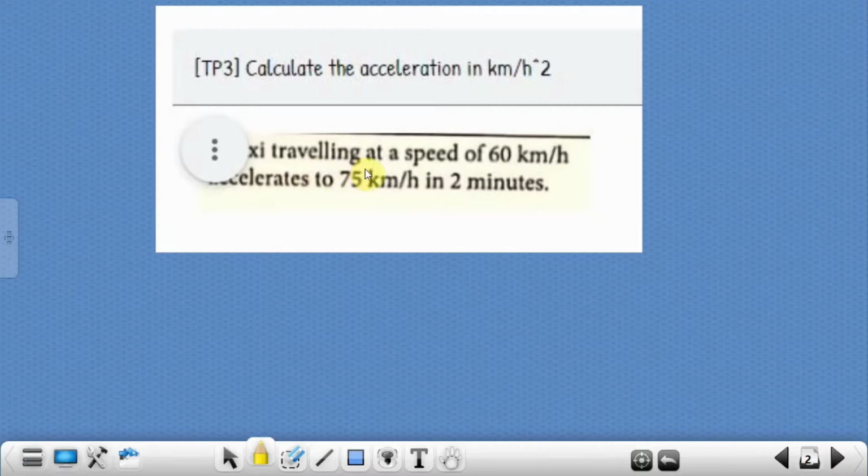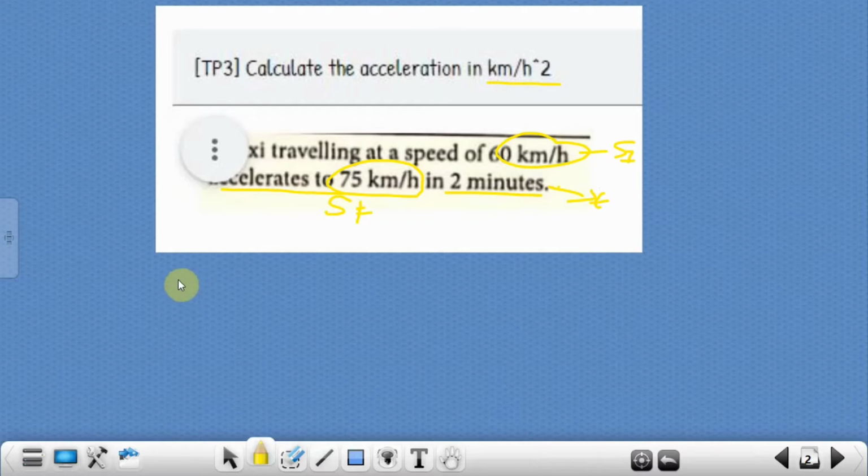A taxi travelling at a speed of 60 km per hour accelerates to 75 km per hour in 2 minutes. So this is the initial speed, and it accelerates to 75, which is the final speed, and this is our time.